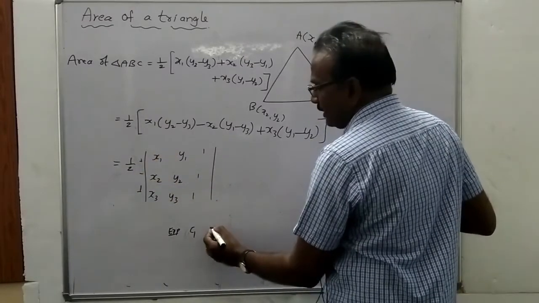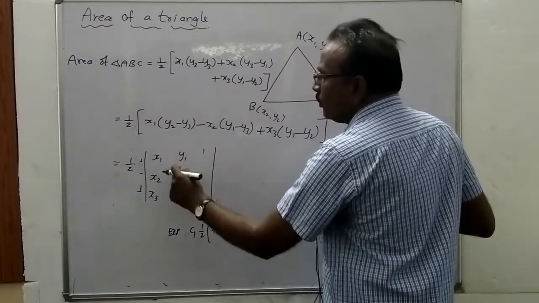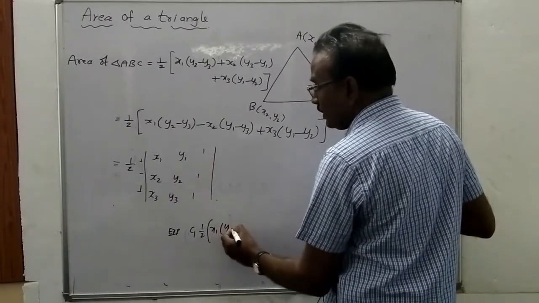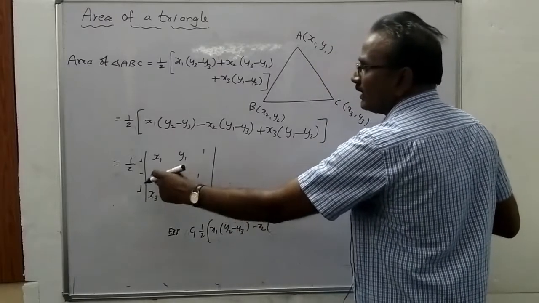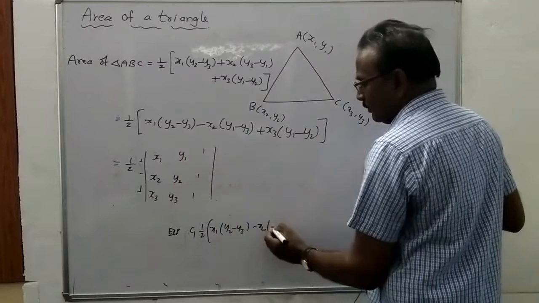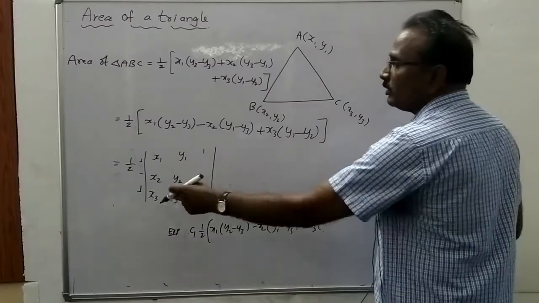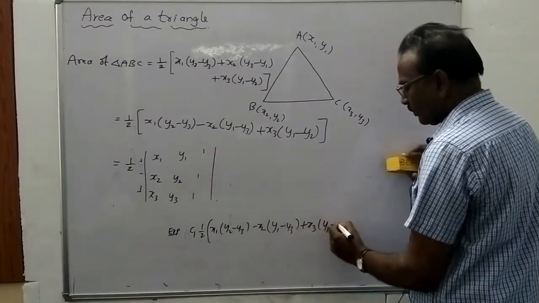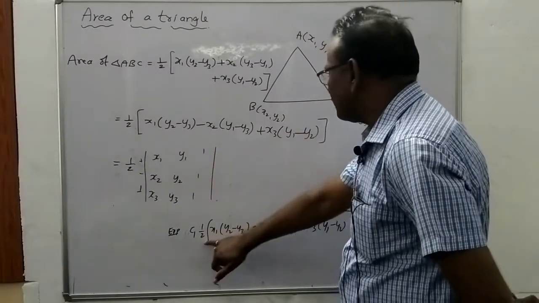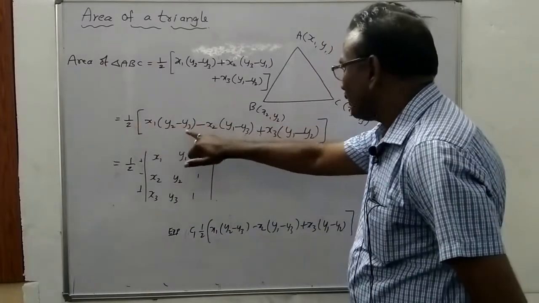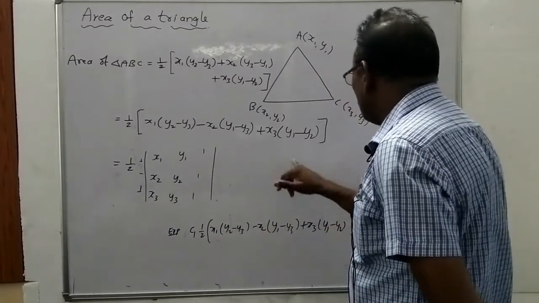That is half into x1 into (y2 minus y3), minus x2 into (y1 minus y3), deleting the second row and first column, plus x3 into (y1 minus y2), deleting the third row and first column. So exactly the expansion of this determinant is this one. This is the same as half into [x1 (y2 minus y3) minus x2 (y1 minus y3) plus x3 (y1 minus y2)].